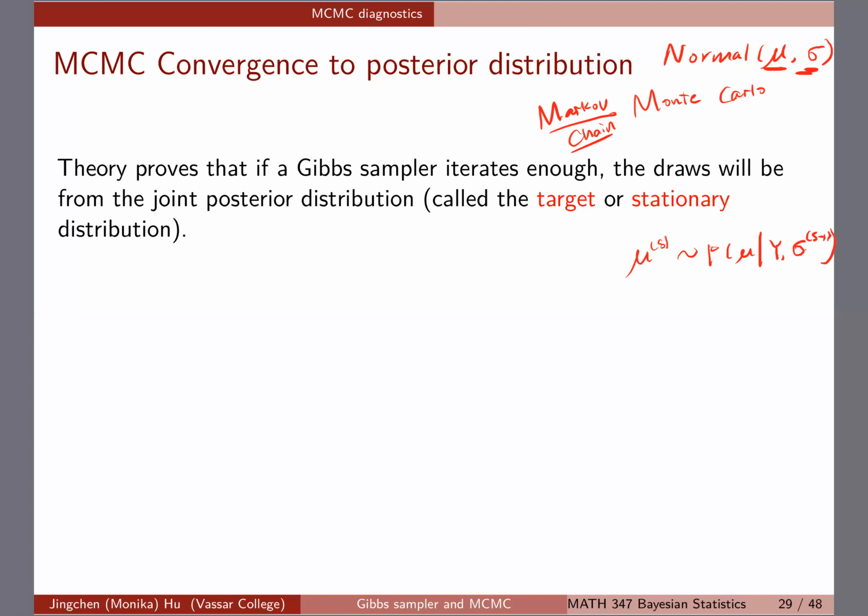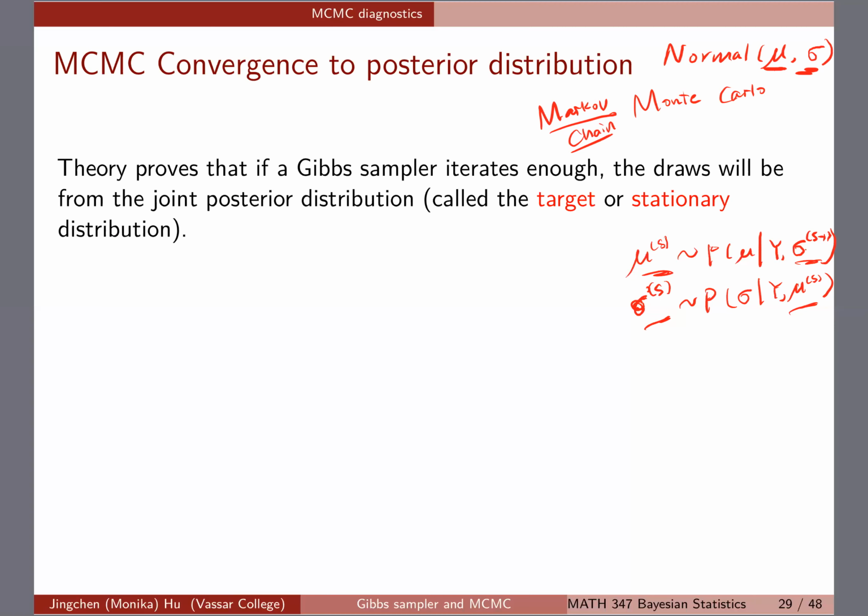Then we draw sigma, or phi, I'm just using sigma for now, from sigma given y and the new draw that we have of mu. Because of the iterative nature of this, the draws that we get are not independent. There's going to be some dependence among them.